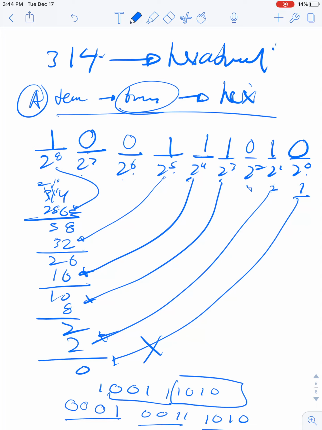Okay, going from decimal to hexadecimal. For me, the most comfortable way of doing this is going from decimal to binary to hex. I know there are different ways, but this one, we're going to do this way.